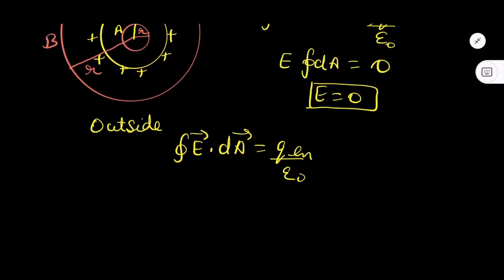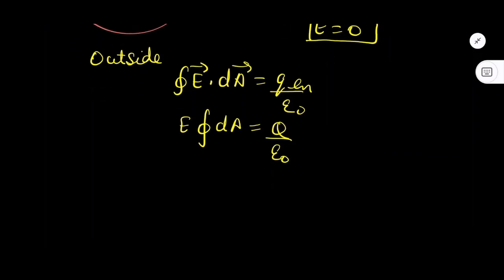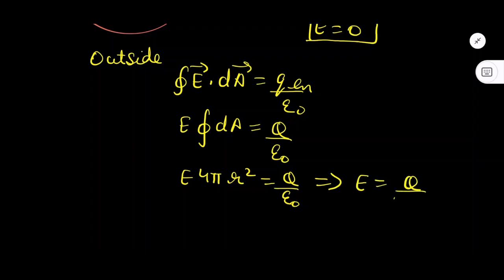Let the whole charge on the spherical shell be Q. So E dot dA is equal to Q upon epsilon naught. The area of this Gaussian sphere is 4 pi r square, so E into 4 pi r square is Q upon epsilon naught. So the electric field comes out to be Q upon 4 pi epsilon naught r square.